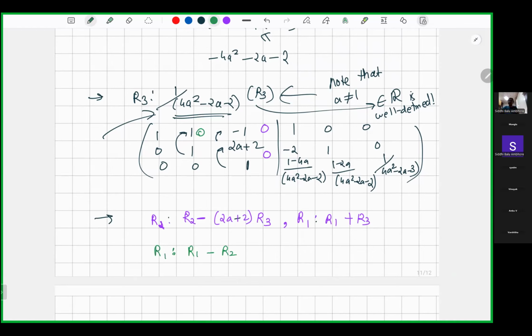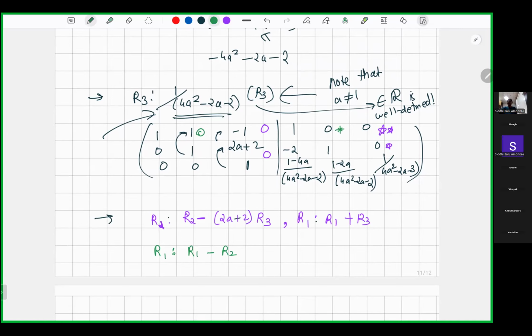The resultant terms here will be some star and double star, and here it will be some star. Okay, and you will get the inverse of this matrix A.